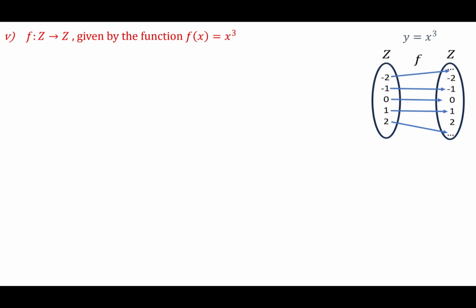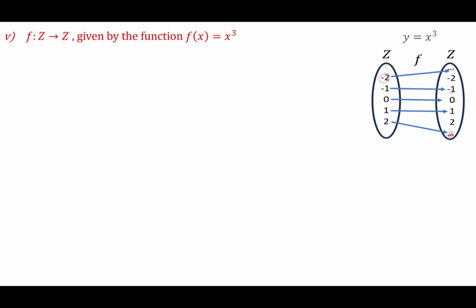I plug in x as negative 2, I got negative 8. If I plug in negative 1, I got negative 1. If I put 0, I got 0. If I put 1, I got 1. If I put 2, I got 8. If I put 3, I got 27. If I put negative 3, I got negative 27.